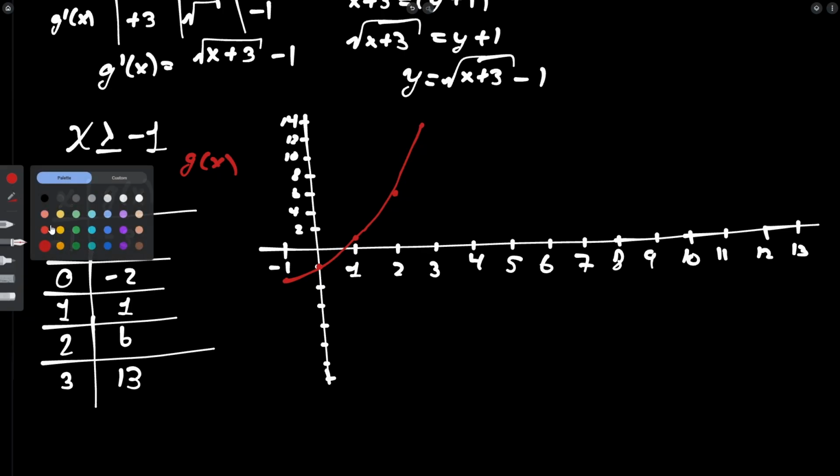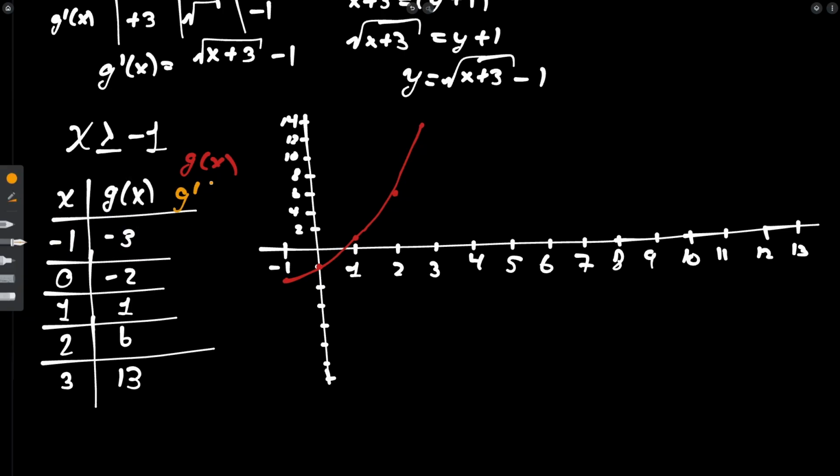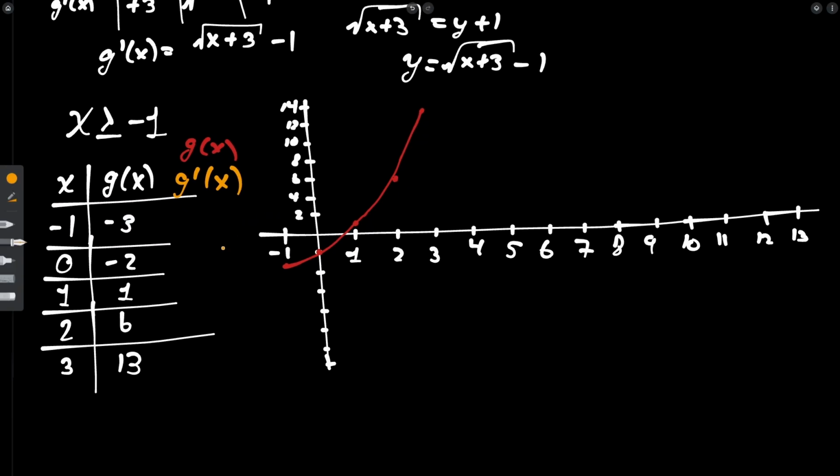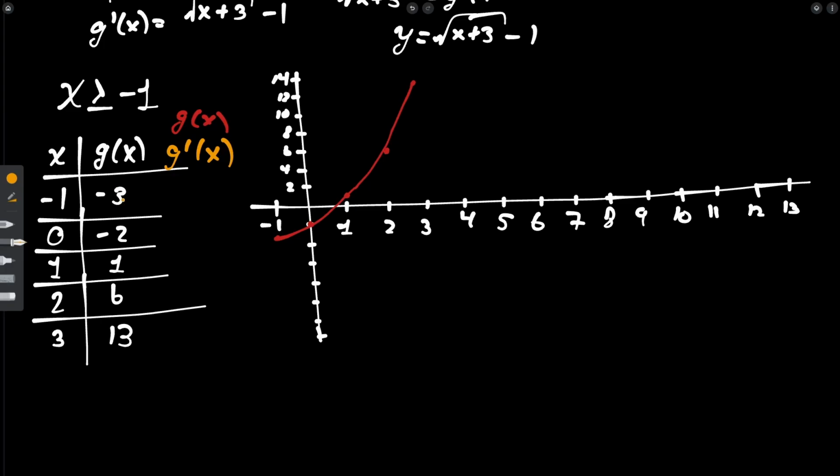is there. Now I'm going to graph g prime of x using the y values as x and the x values as y. But remember that they're asking for values that are greater than or equal to -1. So this x value doesn't work. This x value doesn't work.